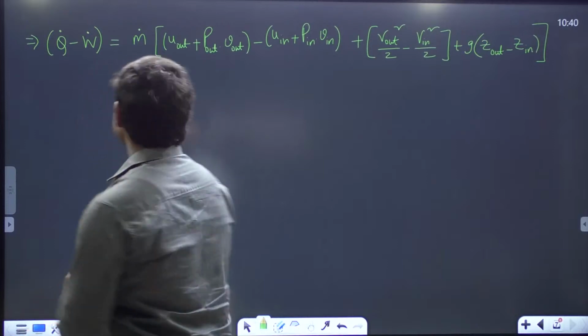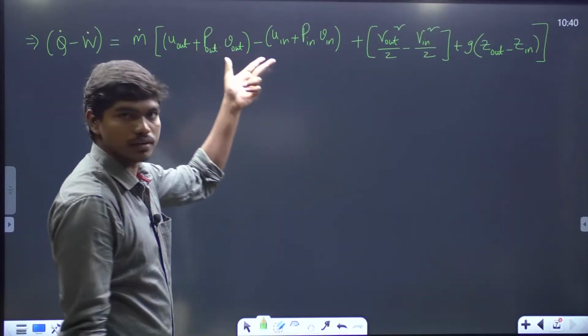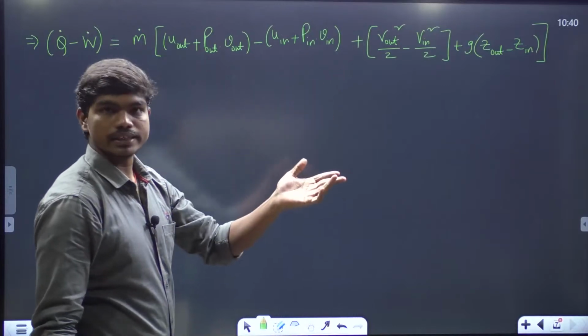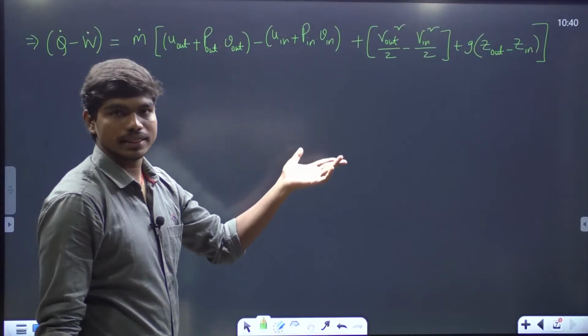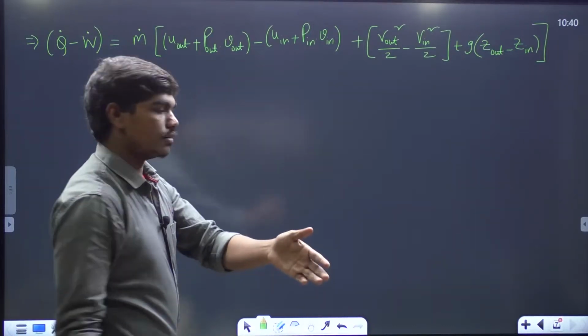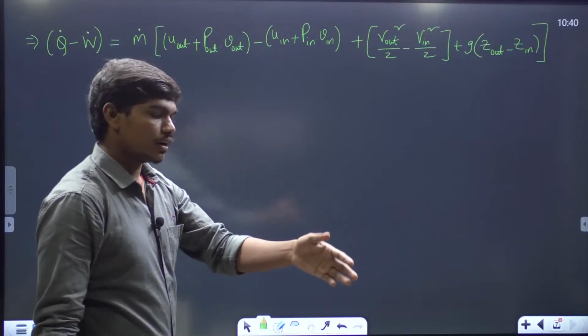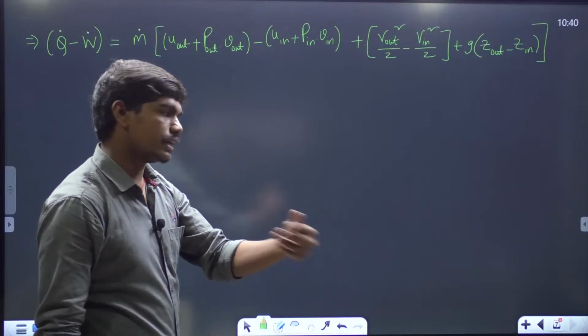Correct? Now tell me, what's this combination U plus PV called? We have discussed it. U plus PV is called enthalpy. H is equal to U plus PV, which we gave as m Cp into T2 minus T1 when defining specific heat at constant pressure.